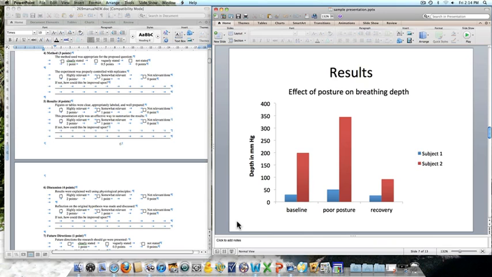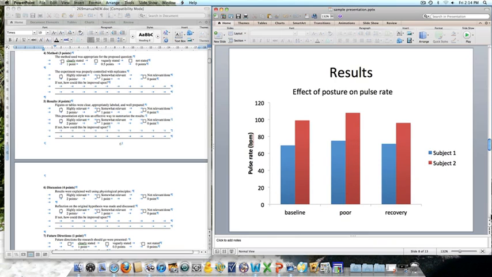So this particular group found that posture did have an effect on breathing depth on both of these subjects, more so on subject 2 compared to subject 1. The second graph looks at changes in pulse rate with changes in posture, and again there was some variability between subject 1 and subject 2.